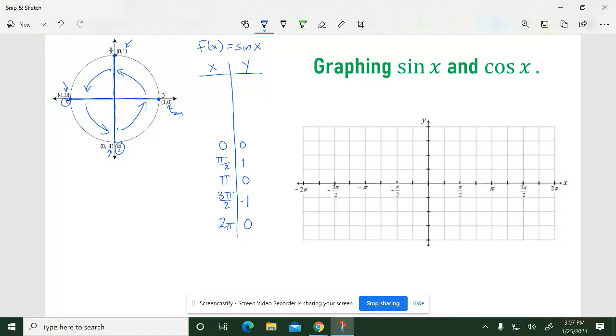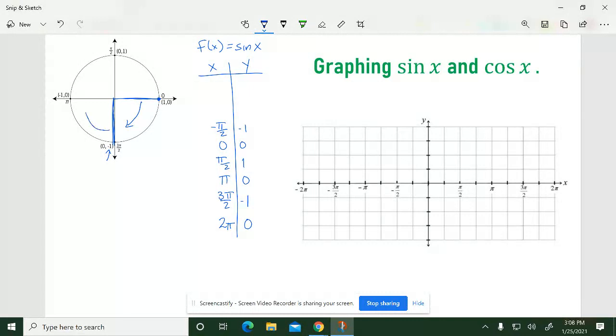To really get a sense of this, though, I also need to go to the other side of the graph and do my negatives. So let's go in the other direction. Let's do negative pi over 2. What I'm doing is a quarter turn, but in the opposite direction. So that's going to put me down here at the bottom, and my y value is negative 1.